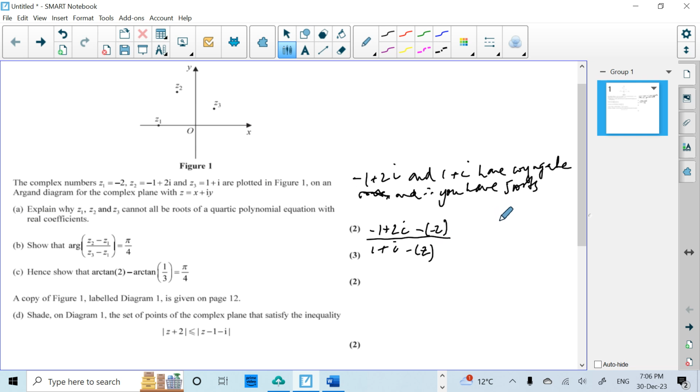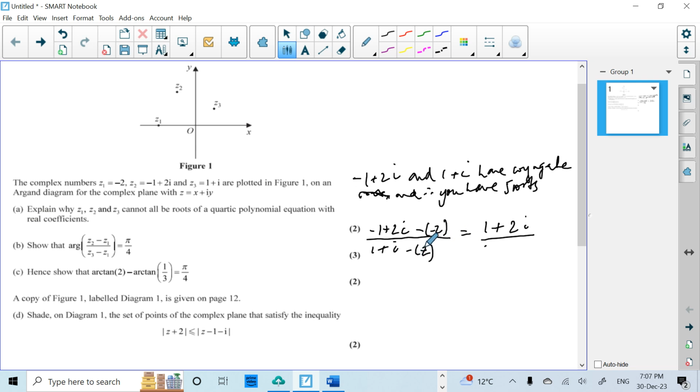And that will give you 1 plus 2i, yes? Because we got minus 1 plus 2i plus 2. So that will give you 1 plus 2i, that's correct. Over, and this will give you 3 plus i.